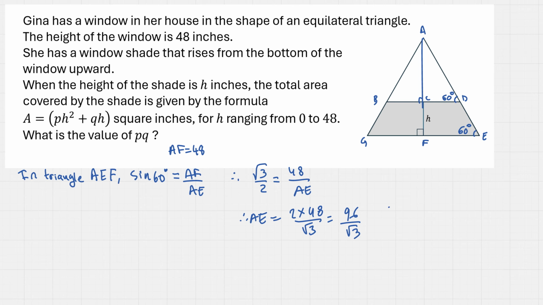GE would also be equal to 96 over root 3, because AGE is an equilateral triangle.